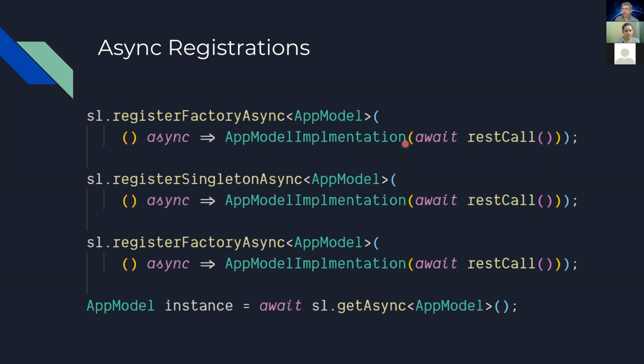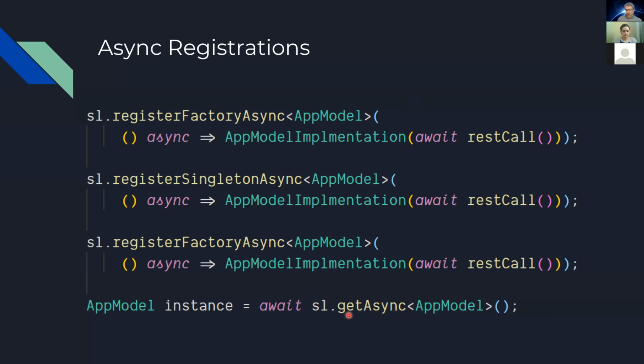Now we have a little bit of a problem because, as this factory function is async, we don't know if the object is already created when we access it. That's the reason why we have to use the getAsync function in this case and not just get, and await this one.